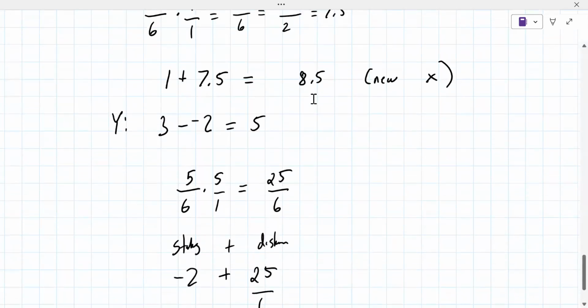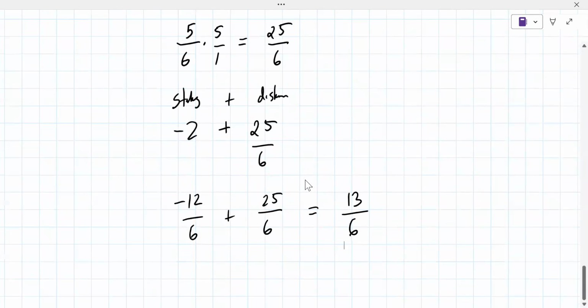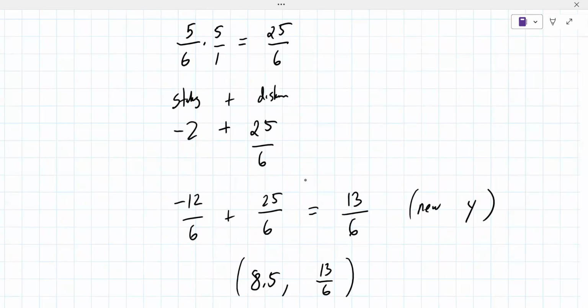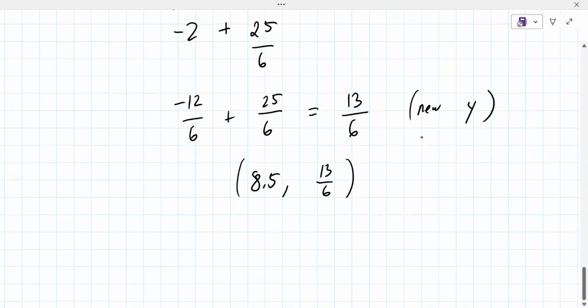So there's your new ordered pair. It's 8.5, and should we convert the y to a decimal form though? 13 over 6. I'm not sure, because they're both... If you were asking me, but I'm not grading it, I would rather see them both as fractions than one as a decimal, because it repeats. 13 divided by 6 is 2.1666666, something like that.